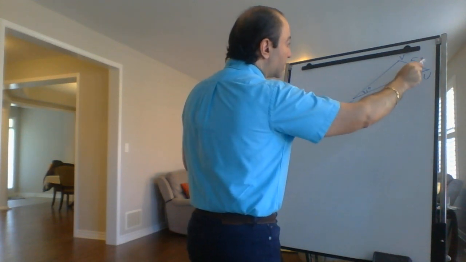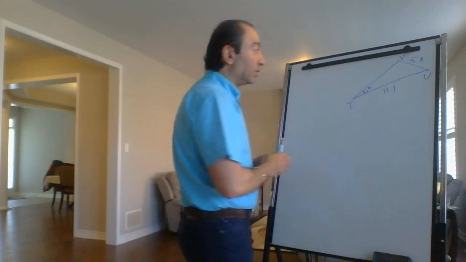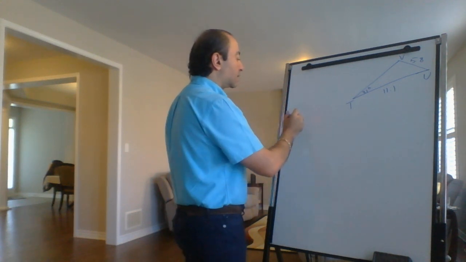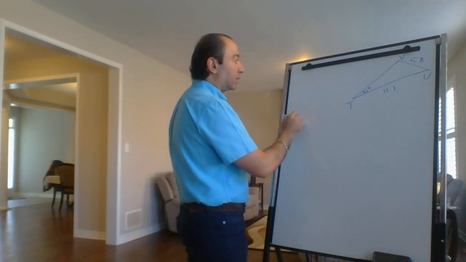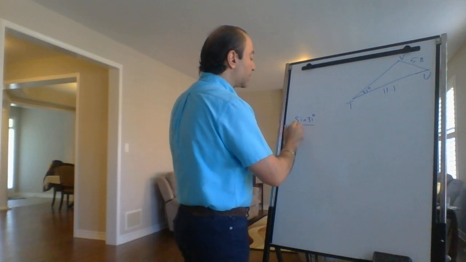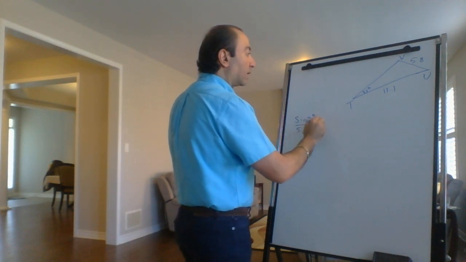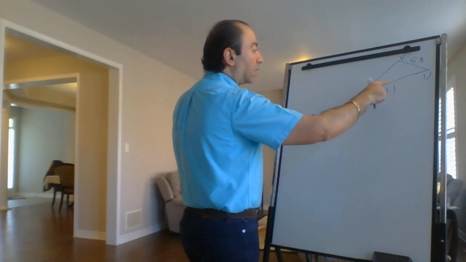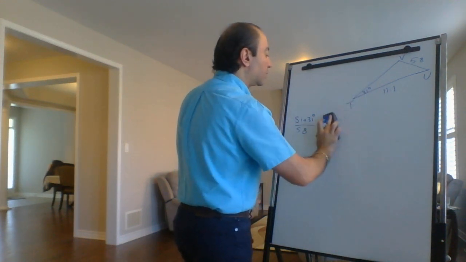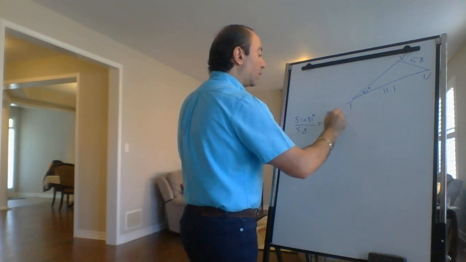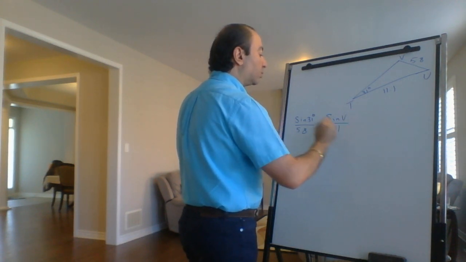I have two sides and an angle that's not in between, so it is sine law. So I'm going to write the sine law. Sine 31 degrees over the opposite side equals sine u over, I don't know u, so I can use sine v over 11.1.